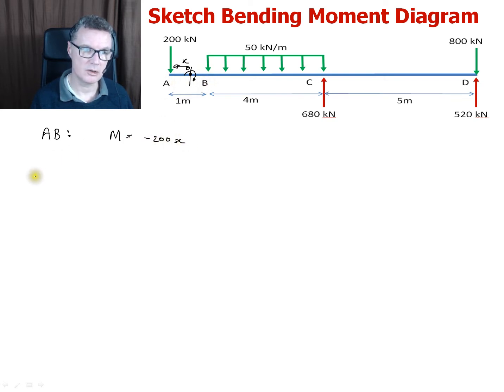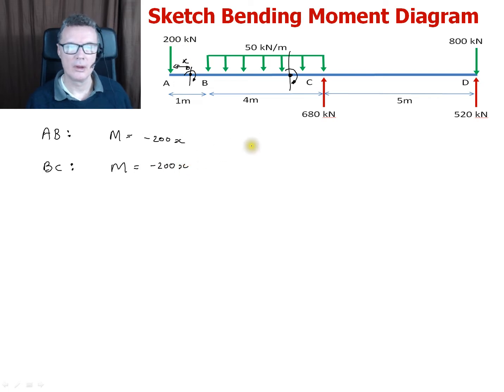for this particular section. Then for the next section, from B to C, we imagine that we are going to do the same thing. So we look left of us, and what can we see causing moments? Well, we've still got the first one causing moment. And here you can either memorize the formula or work it out in your head. What it's saying is from this distance to this distance would be the amount of UDL that I've got.